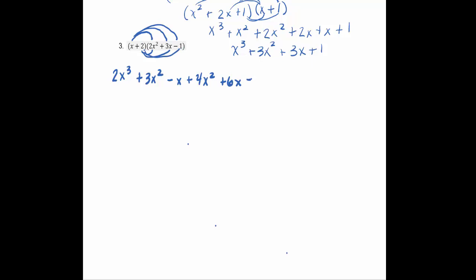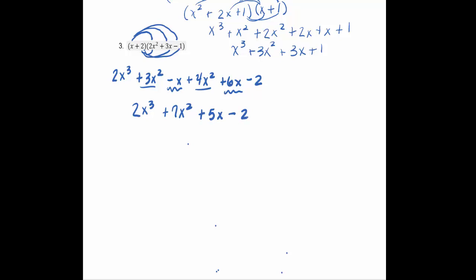And 2 times negative 1 is negative 2. 2x cubed. 3x squared plus 4x squared is 7x squared. Negative x plus 6x. Do what makes sense to you. Does it make more sense to say negative 1 plus 6? Or does it make more sense to say 6 minus 1? Obviously, 6 minus 1 makes more sense. So 6x minus 1x is a positive 5x. And then our negative 2 on the end.